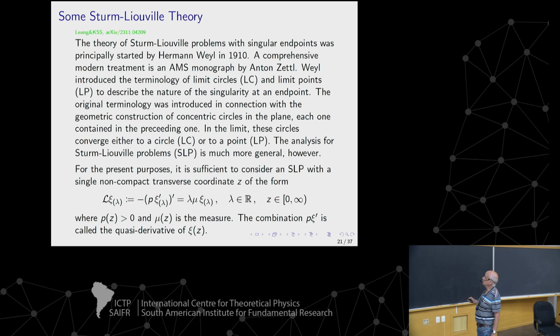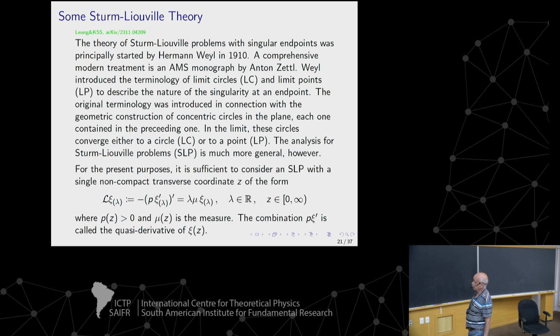C is the eigenfunction, prime's first derivative. P is a certain weighting factor, and mu then becomes a measure, and the measure is what you want to use in order to check L2 normalizability. This quantity P C prime, which then gets a second derivative, is called the quasi-derivative of C.